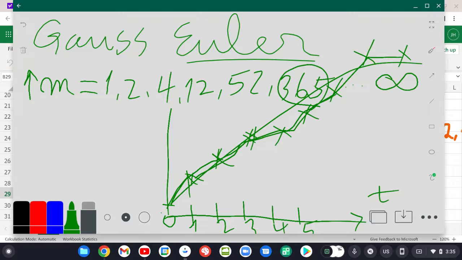It will be smoothed out. So it can really reflect the growth over time in reality. It can emulate the real growth over time.